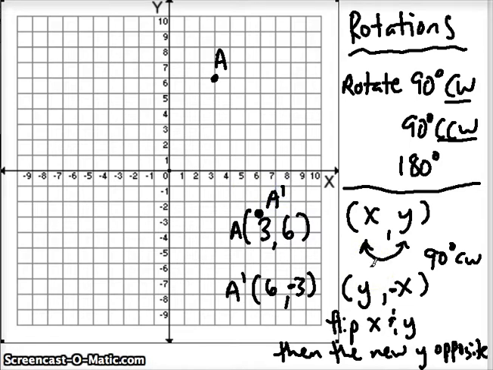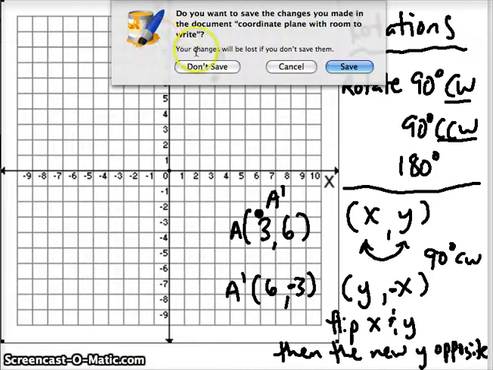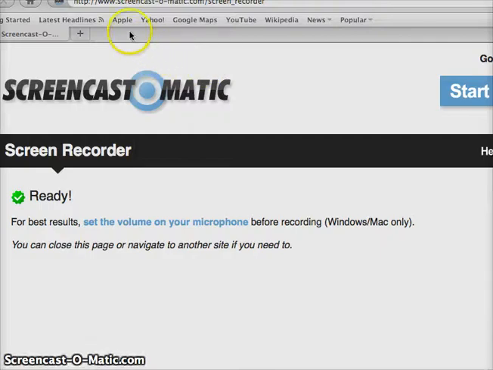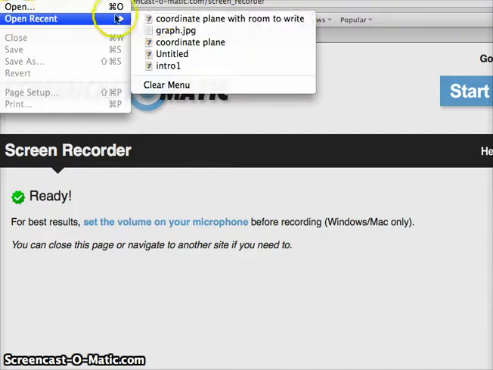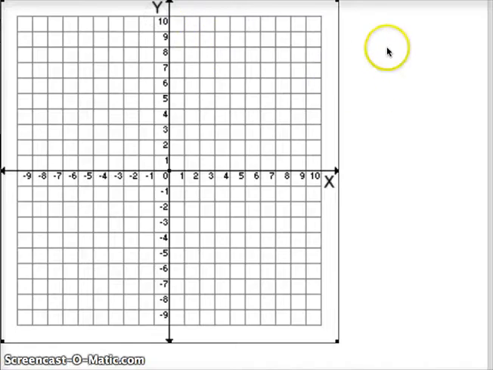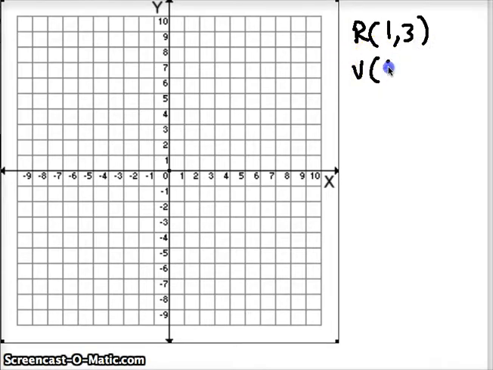Okay, so let's get rid of this, let's keep our rules, and let's actually use a shape, because rotations are definitely better viewed as objects. Alright, so let's make a full shape here. Let's say that point R is at 1, 3, and point V is at 3, 5, and point H, let's make it at 5, 4.